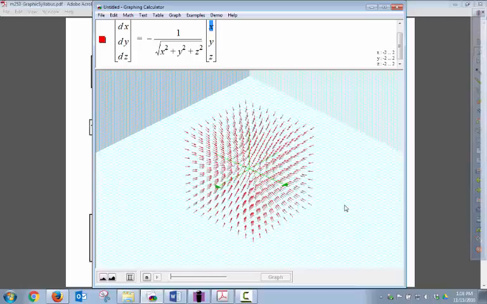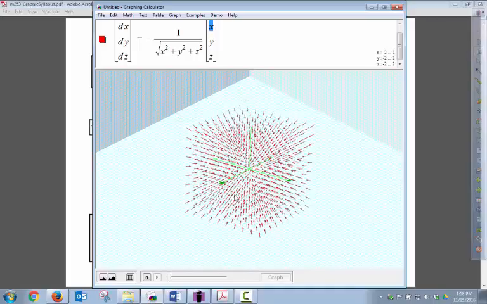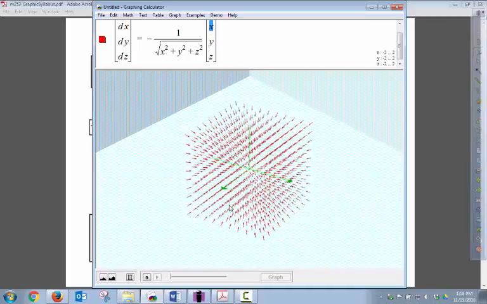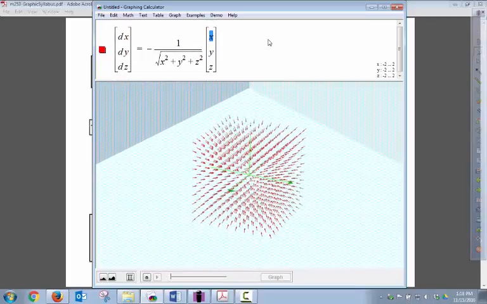If you look at the arrows and see how they're pointing inward towards the origin, wherever you are, you'll have a vector going in towards the origin, and it doesn't matter where you are, it's always going to have the same length. So that's nice.